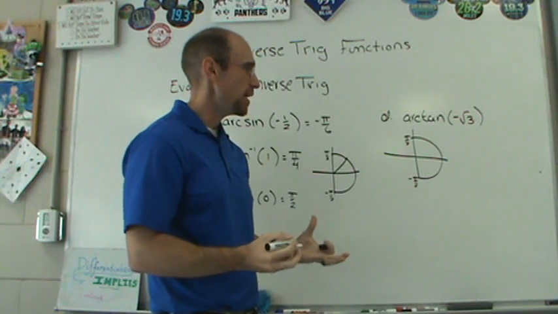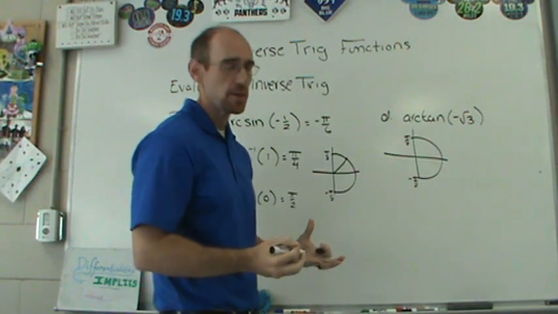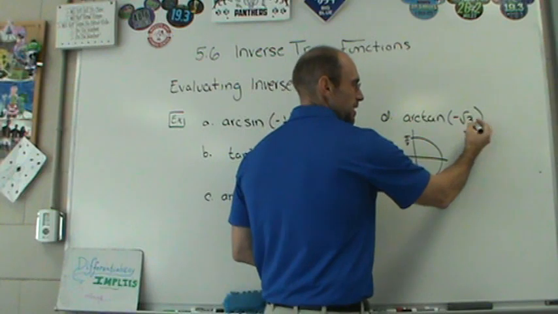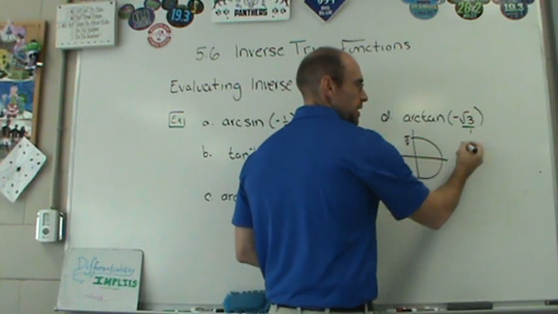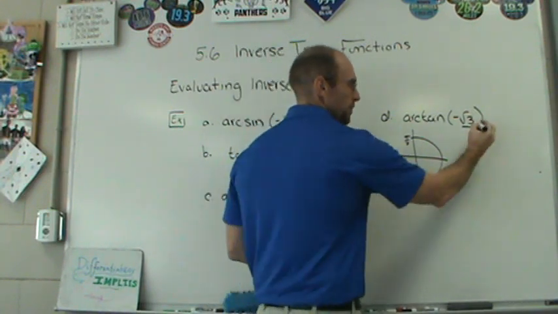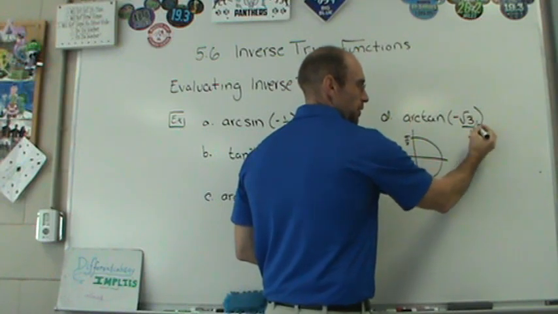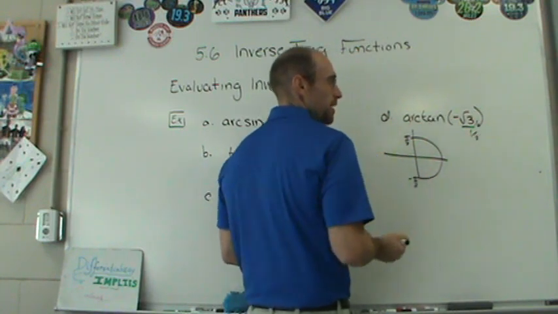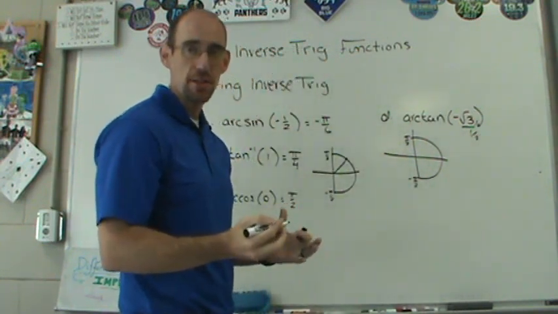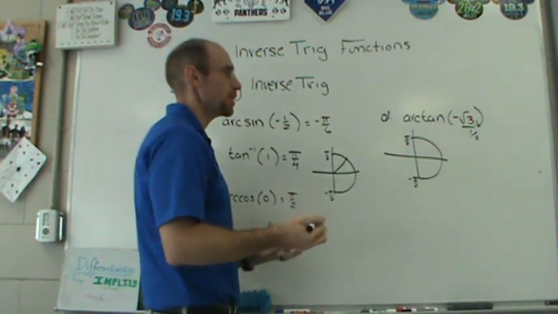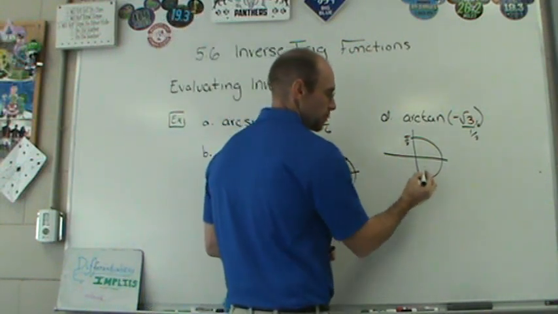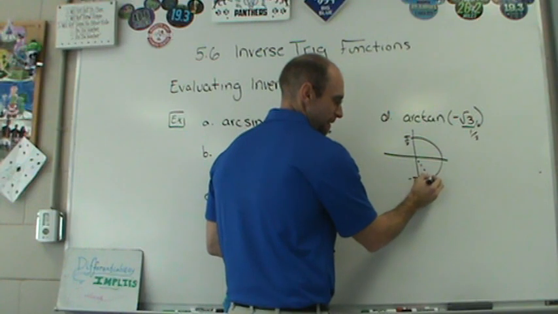It's going to be negative down here in the fourth quadrant. So we got to think about, where is that going to be -√3? Well, again, a nice easy thing to think about here is this would be -√3 over 1, which is -√3 over 2 over 1/2. And since we know that we're dealing with sine over cosine, where is sine equal to those two values? Well, down here.